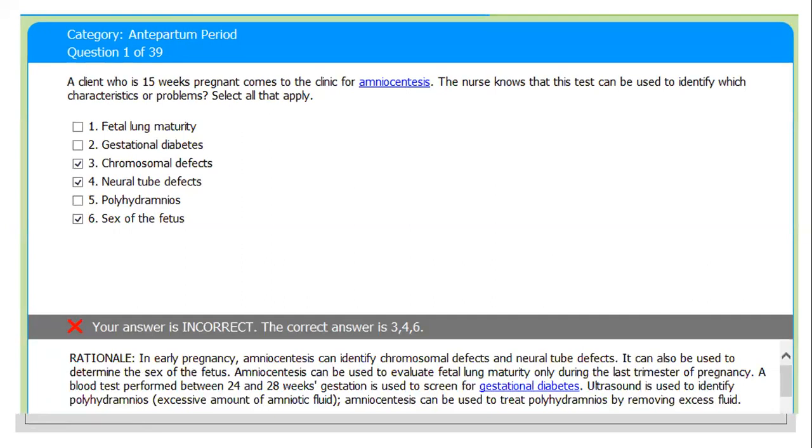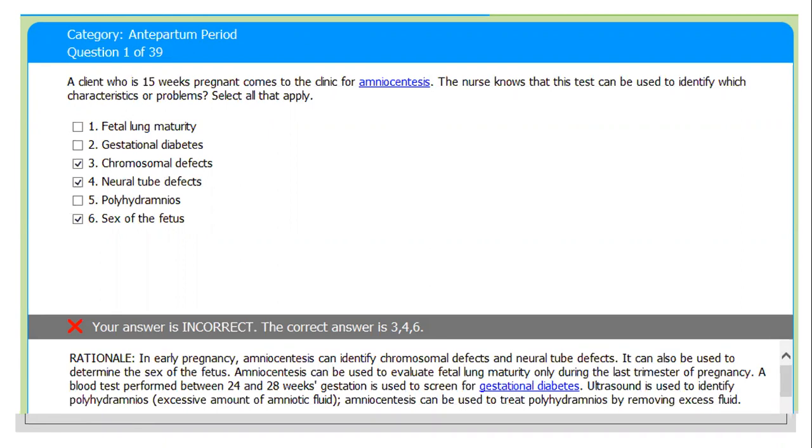The correct answer is chromosomal defect, neural tube defect, and sex of the fetus. As I told you, amniocentesis we do for high risk monitoring to rule out congenital abnormalities. A chromosomal defect like Down syndrome is a congenital abnormality.